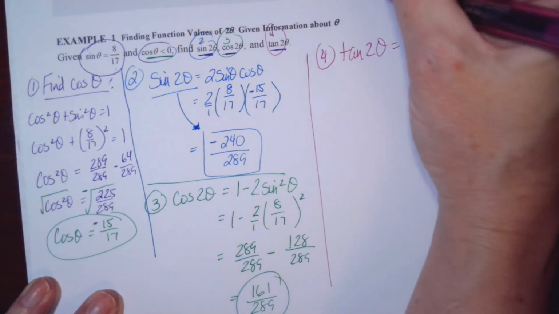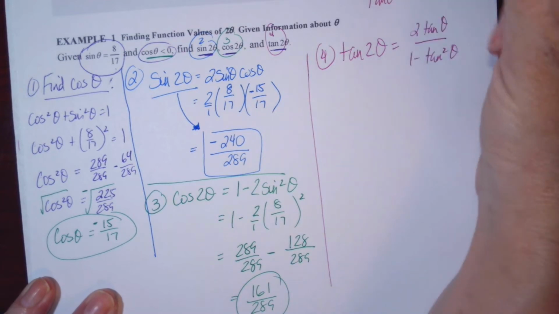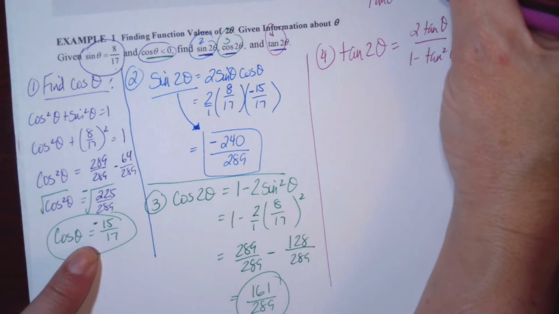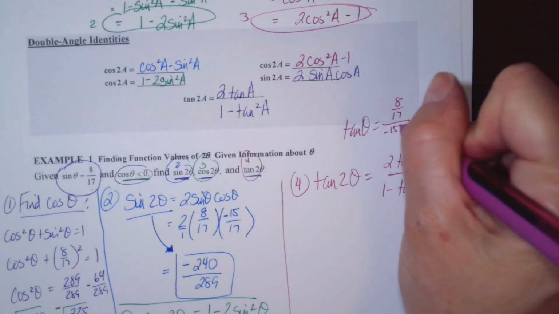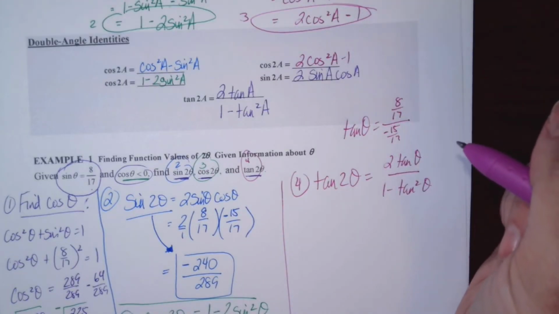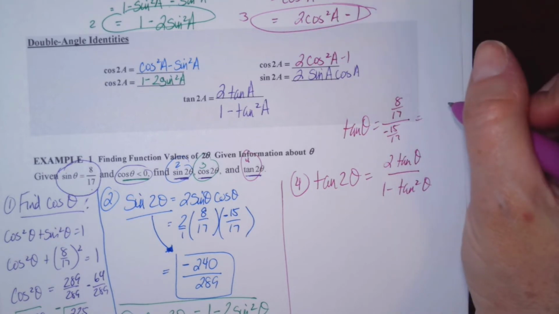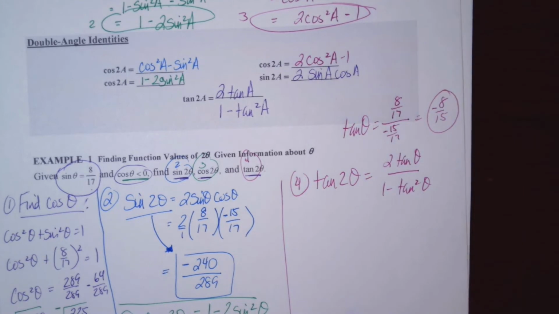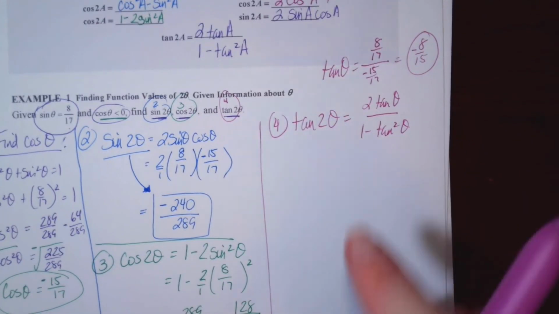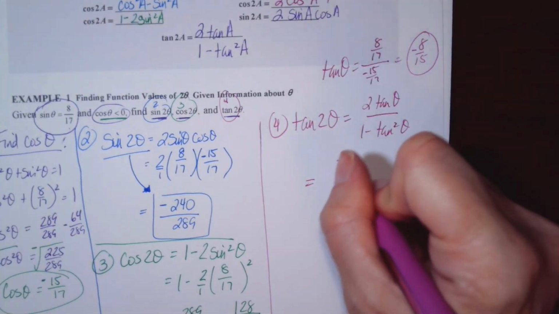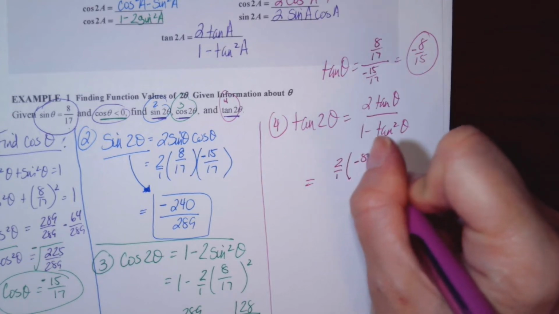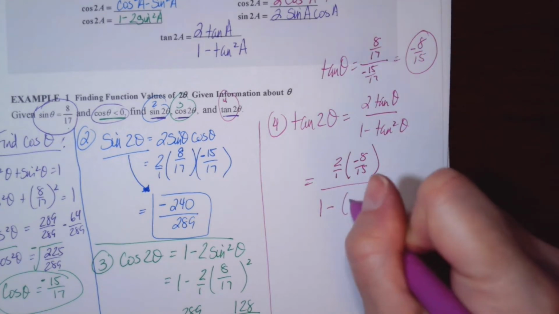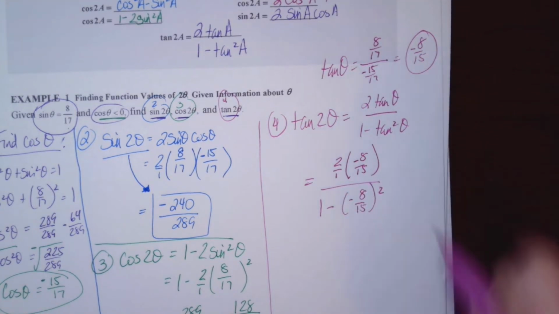So tangent of theta is sine, which I was given, over cosine, which I found, negative 15 over 17. Those 17ths are going to cancel out when I multiply by the reciprocal, and I have a negative 8/15 for my value of tangent of angle theta. So here we go. 2 times tangent theta over 1 minus tangent squared.